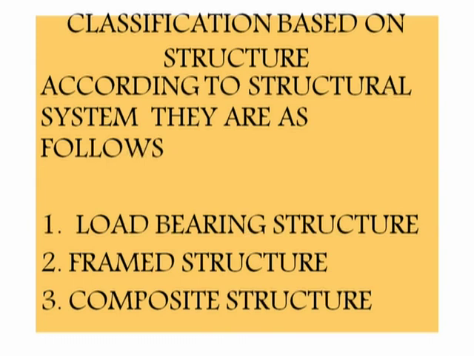Now, there is another way on the basis of which the building may be classified. The other way of classification of the building is the classification which is based on the structure.